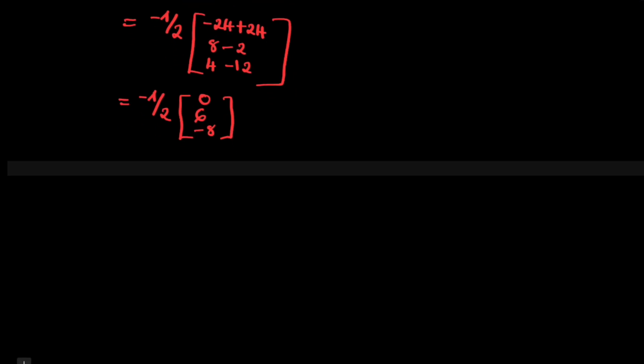So now we can multiply them by minus half. So 0 times minus half is 0, minus half times 6 is minus 3, and minus half times minus 8 is 4. So that is our x.